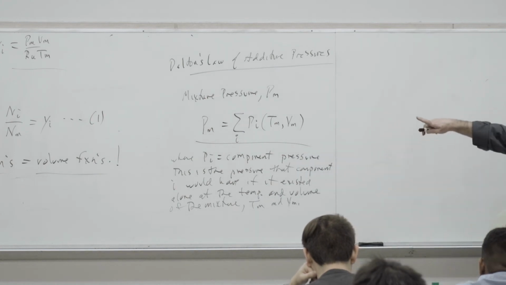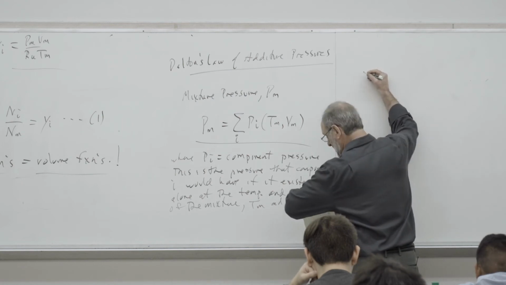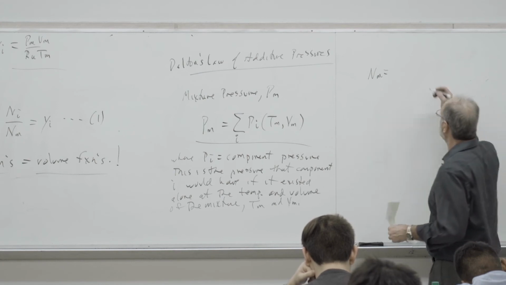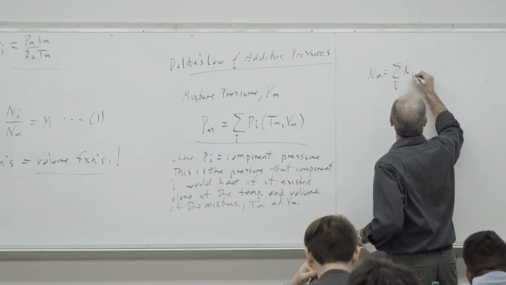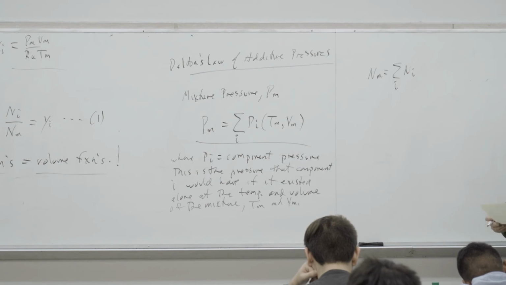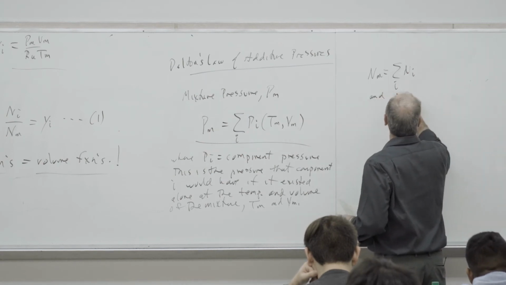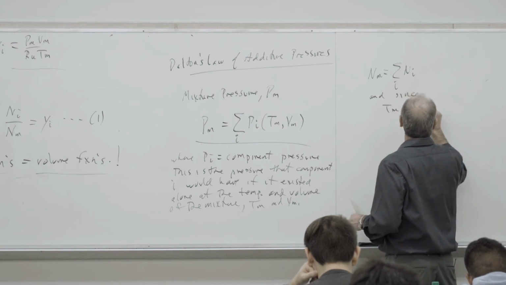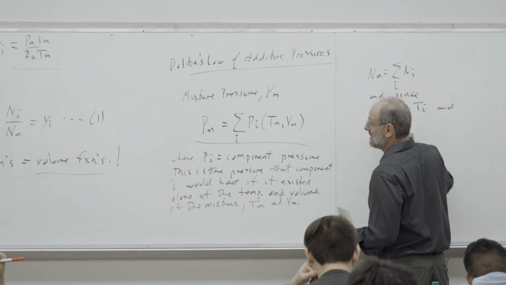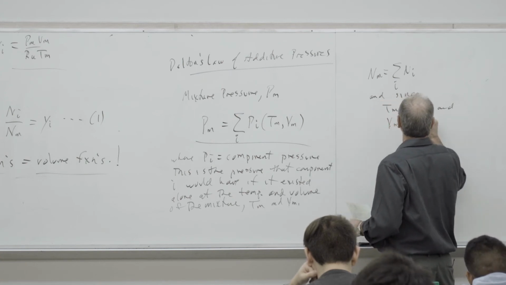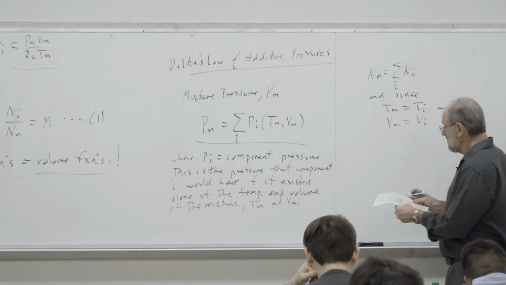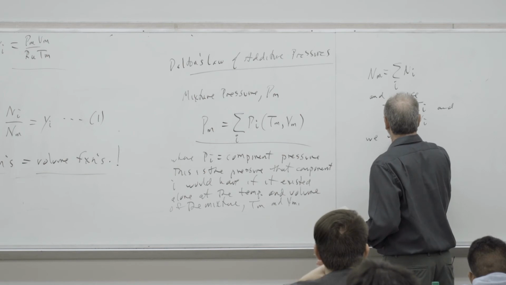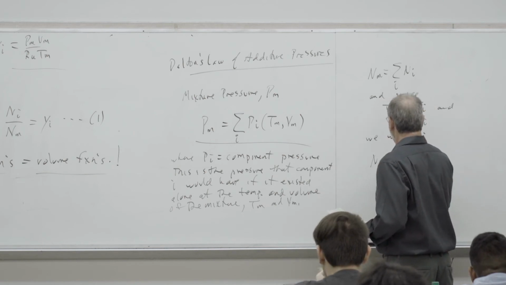So again, this is just something that we would observe. Now we're going to do the same thing like we've done over here and fiddle with equations. So first we're going to start with the number of moles of the mixture, and of course we know that's just the sum of the number of moles of each individual component. And again, we will note, like we've done over here, that since Tm equals Ti and Vm is going to equal Vi, we'll now write the equation for the number of moles of mixture.